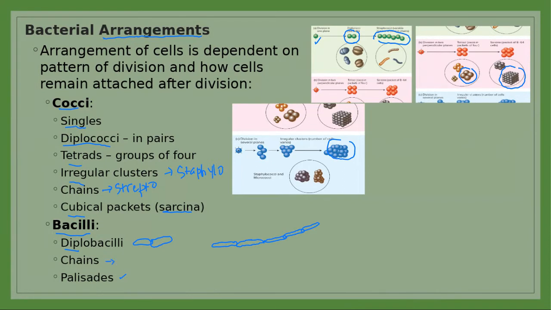Palisade looks like a fence. They arrange like this. So these are individual bacillus bacteria that combine together to make a fence.